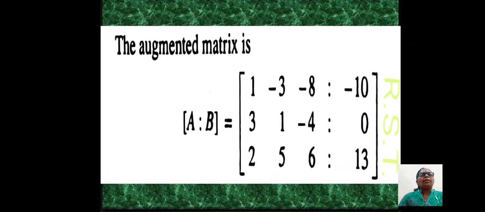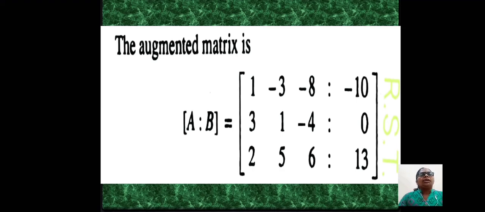The augmented matrix is [A : B] equal to the square matrix [1, minus 3, minus 8 : minus 10; 3, 1, minus 4 : 0; 2, 5, 6 : 13].